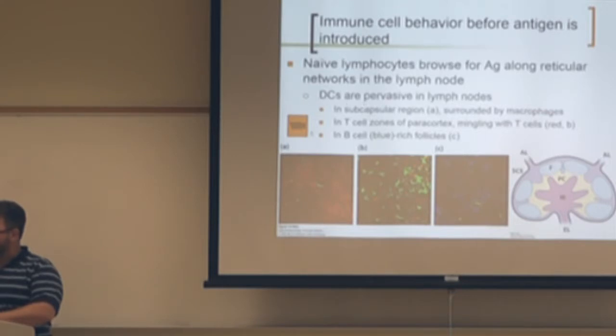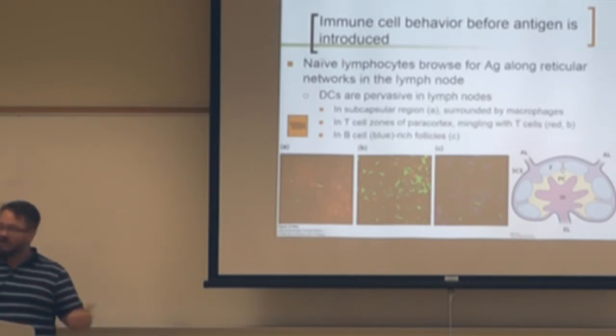Dendritic cells are constantly coming into the lymph node and exchanging antigens. Again, dendritic cells and macrophages may be presenting antigens or may bind to antigens.